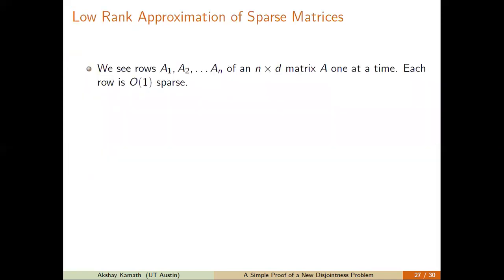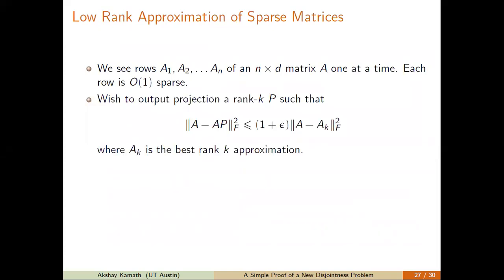We also prove a lower bound on the low rank approximation of sparse matrices. In this problem, we see the rows of an n cross D matrix, one row at a time, and each row is one sparse. And we wish to output a projection of rank k such that the error incurred in the Frobenius norm squared by projecting the matrix onto this projection P is at most 1 plus epsilon times the best rank k approximation's error in the Frobenius norm squared.